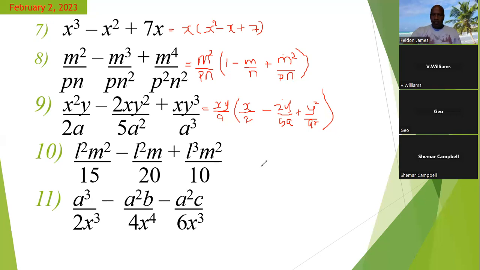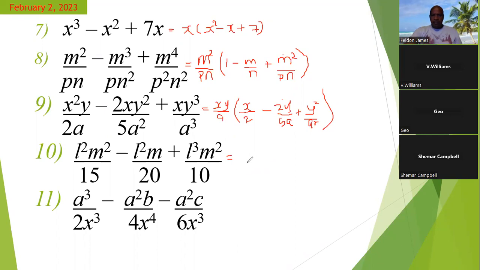I'm working on it right now, actually. So you want to work on it with us? All right, sir. I know. All right, go ahead. What did you get for the HCF in the numerator?